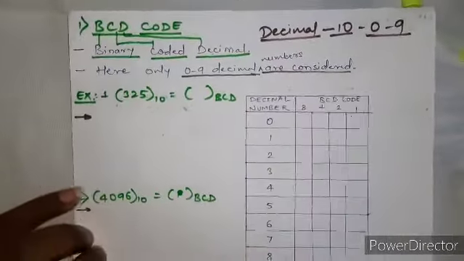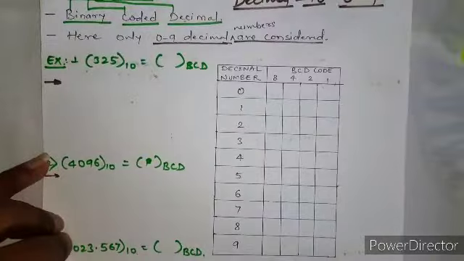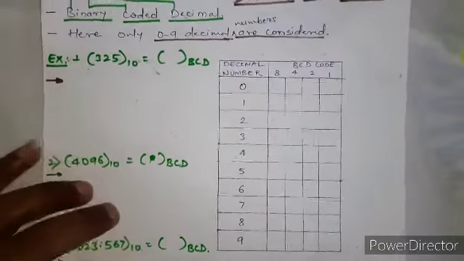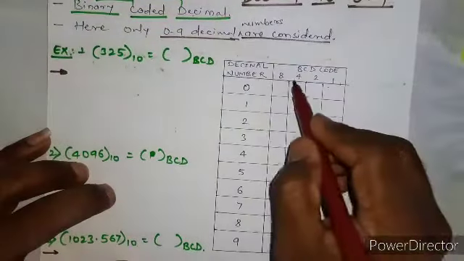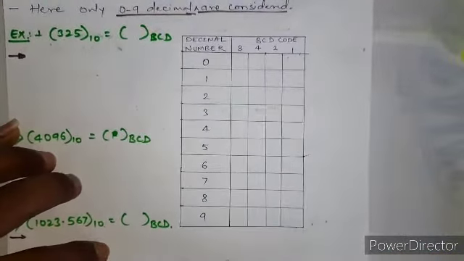Let us look at the table for this BCD code. This BCD code is also called 8421 code because that is how it is represented.